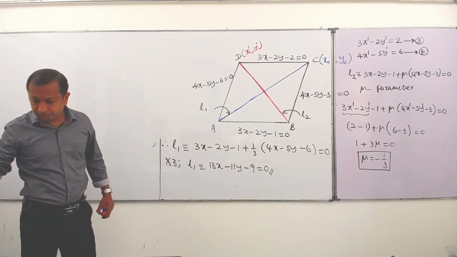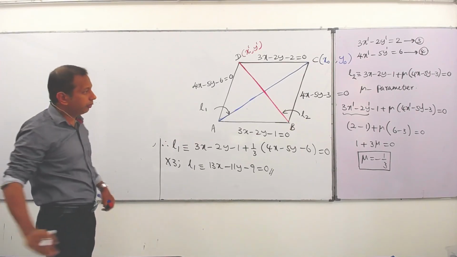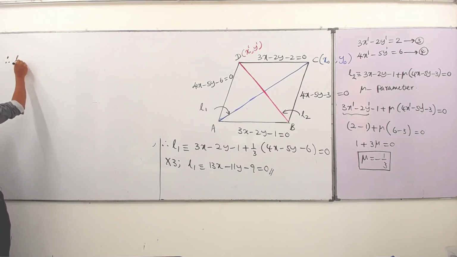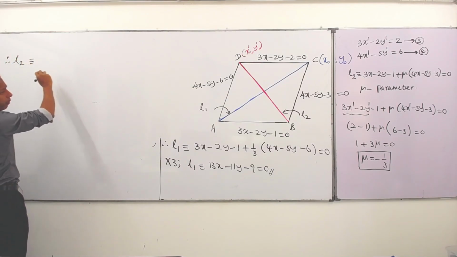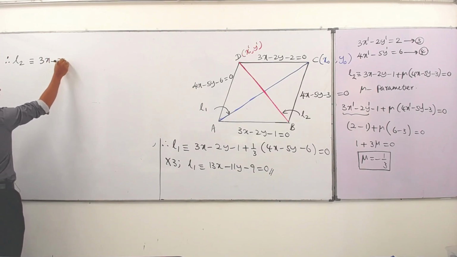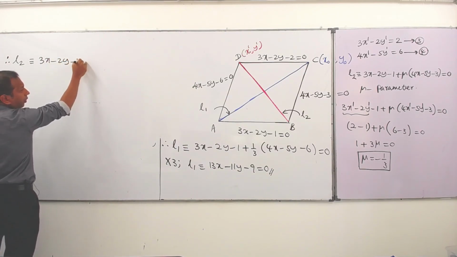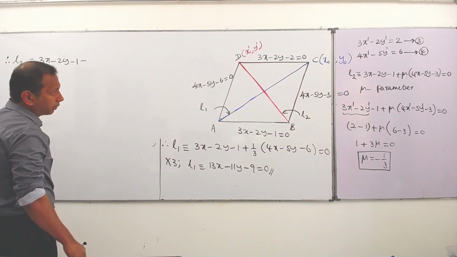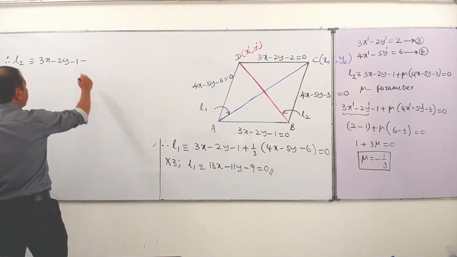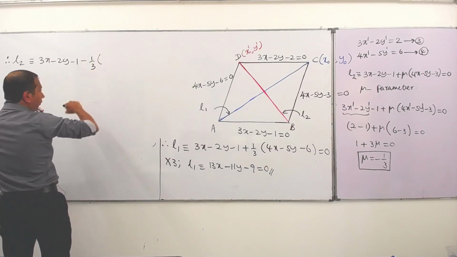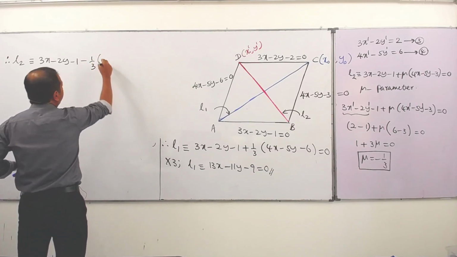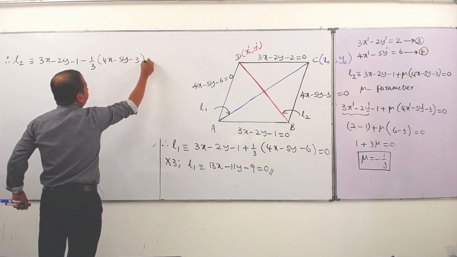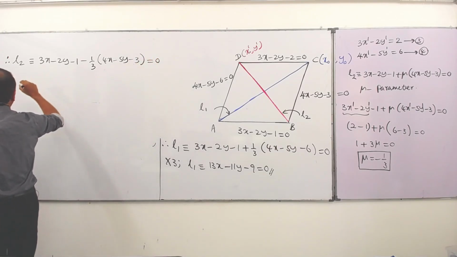Now we can take that L2. Therefore the L2 equation we can write: 3x minus 2y minus 1 plus mu, which is minus 1/3, so minus 1/3 times 4x minus 5y minus 3 equals 0.